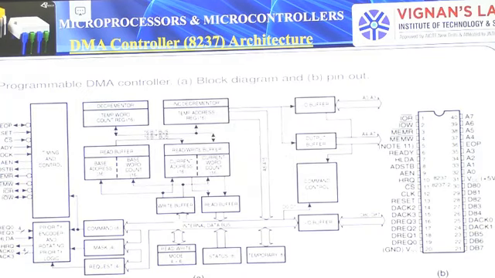So see here, this is the architecture of the DMA controller, the 8237. We have a priority encoder and rotating priority logic. Based on the input and output devices' data requests, the 8237 is going to access that input output devices' data, asking the CPU, the microprocessor, by giving the hold request command to the CPU on this side.